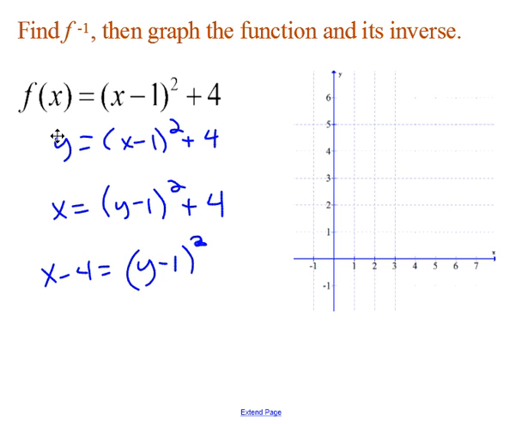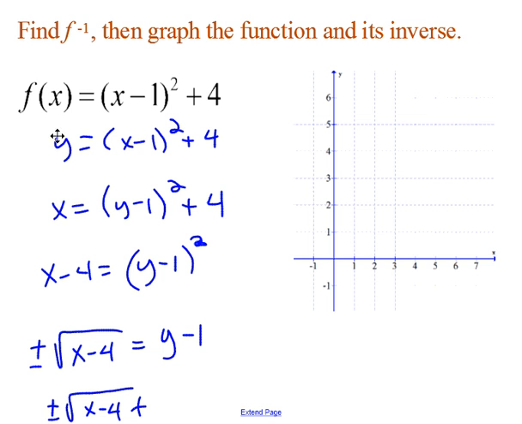The next undo is to square root, and hopefully you remember that when you square root, you must take plus or minus. So that gets rid of the square. And my last step is plus 1. And so my f inverse of x is plus or minus the square root of (x minus 4), plus 1.